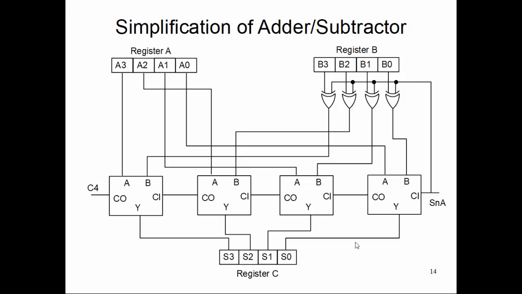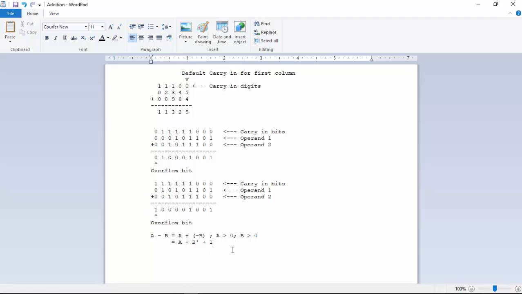Now how does it work? Okay, let's work it out. Let's say I'm talking about some bit B0, and let's say B is what goes into the ripple carry adder circuit.